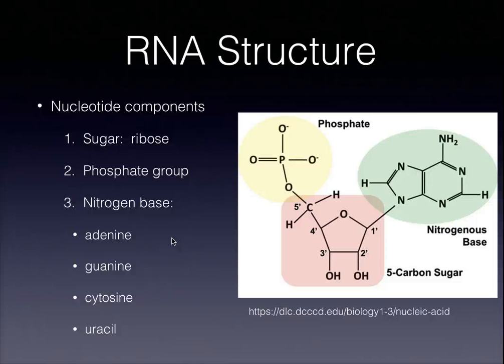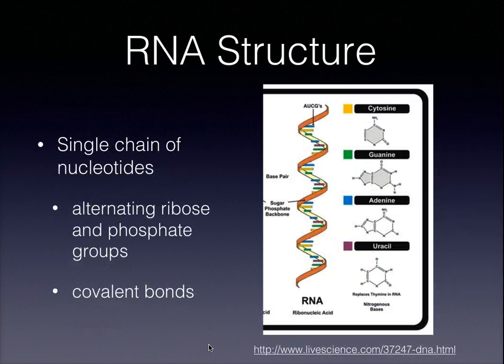Okay, so again, these are covalently bonded together, the phosphate to the ribose sugar and the ribose sugar to the nitrogen-containing base. And we're going to see again that RNA is made of these subunits, and rather than having 2 strands or 2 chains of nucleotides, we just have a single one with RNA.